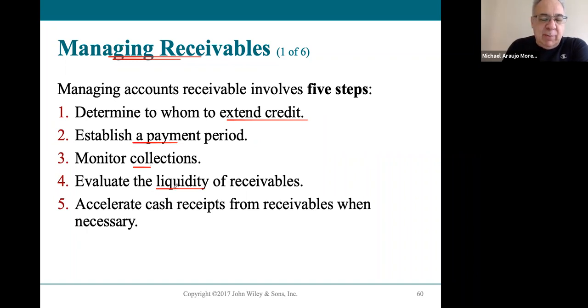Again, most receivables are due in 30 days. So are you being paid every 30 days or less? So evaluating the liquidity of the receivables is important. And sometimes you have to sell those receivables or offer discounts to collect the cash more quickly. So managing receivables is a big deal, you can say.